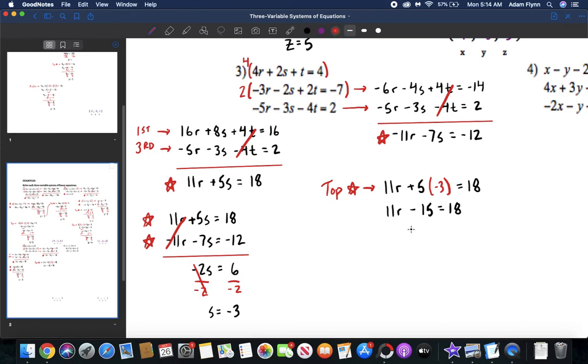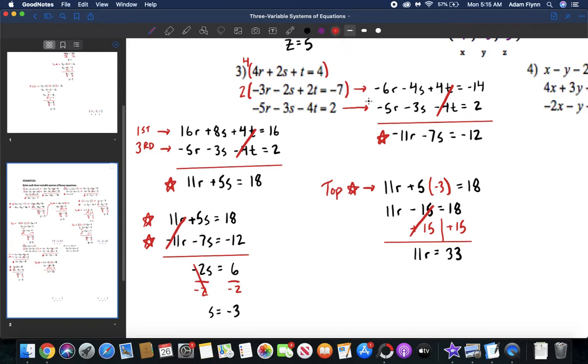I can add 15 to both sides. Okay, when I do that, fifteens are going to cancel on the left side, and I am left with 11r equals 18 plus 15, which is 33.